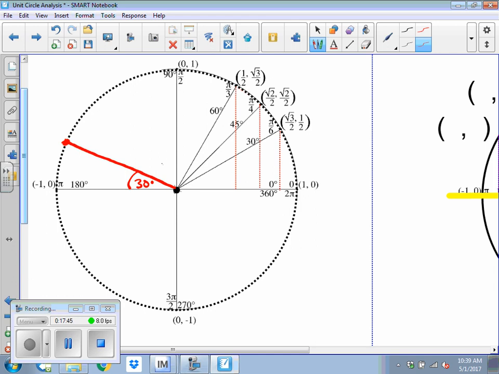So it's still going to be the square root of 3 over 2 and 1/2. Except that, what's different? It's going to be negative square root of 3 over 2. That is the only thing that changes in every quadrant. All of those values are the same, even if I came down here. If this is 30 degrees, my coordinates here are still going to be the same. Square root of 3 over 2, comma, 1/2.